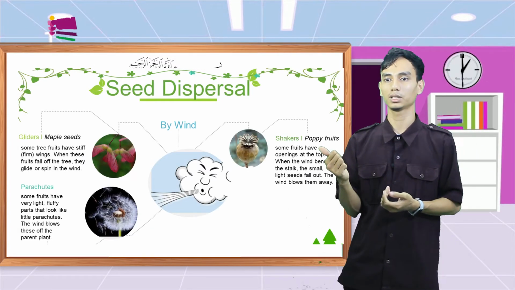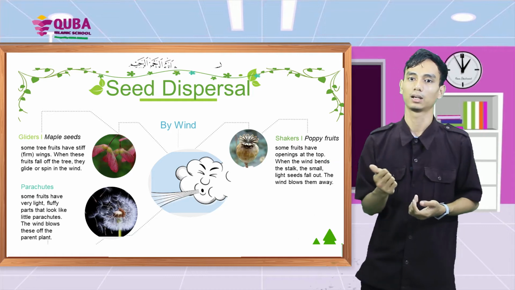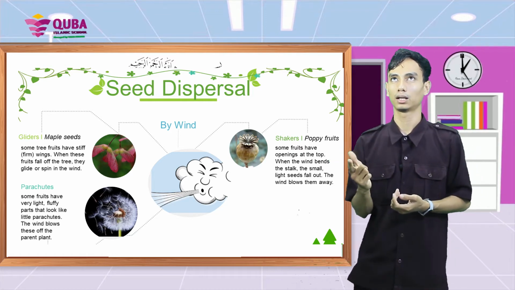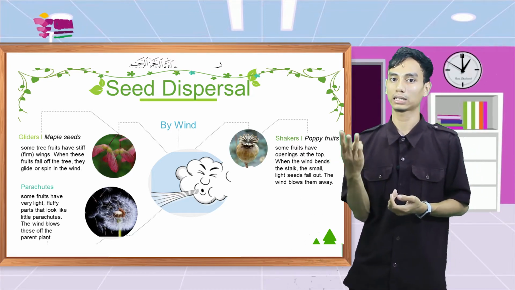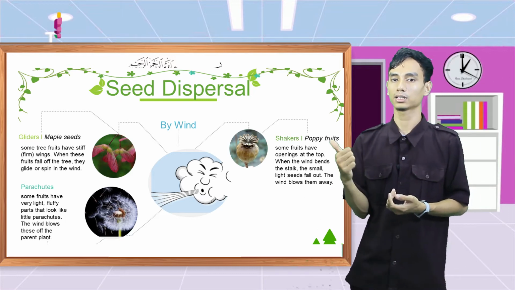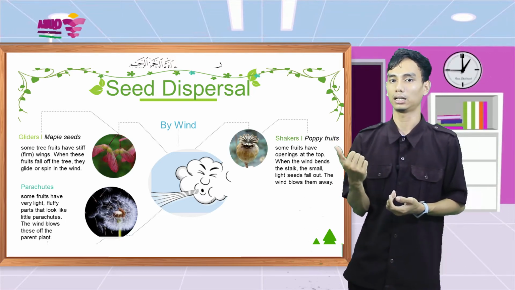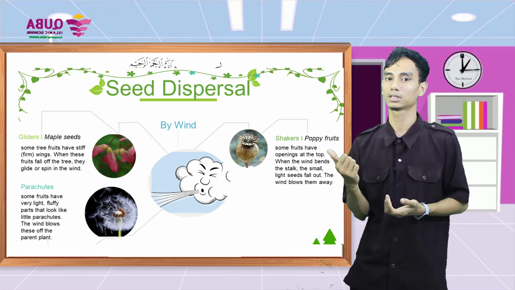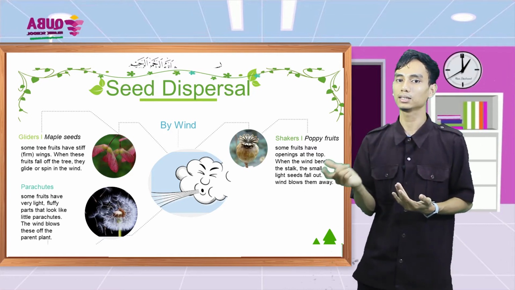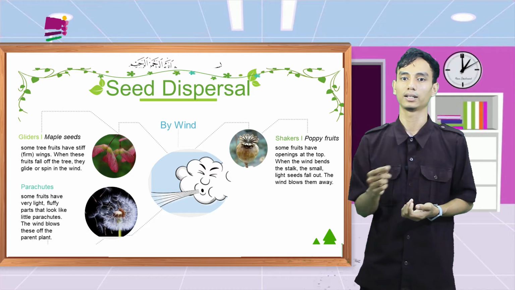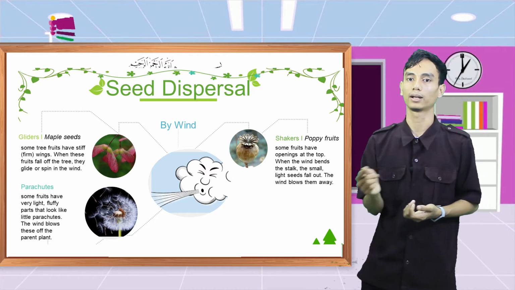Okay, the first, seed dispersal by wind. Seed dispersal by wind, we can group into three groups. The first, gliders. Gliders are some tree fruits that have stiff or firm wings. When these fruits fall off the tree, they glide or spin in the wind.